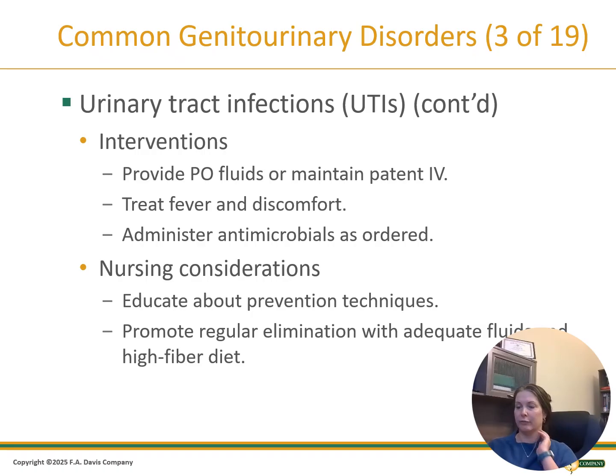So just encourage regular voiding, adequate hydration. Sometimes constipation can also contribute to UTIs in children, so we want to encourage a high fiber diet. And also understand that sometimes kids can have pretty non-specific symptoms like fever, irritability, poor eating habits.